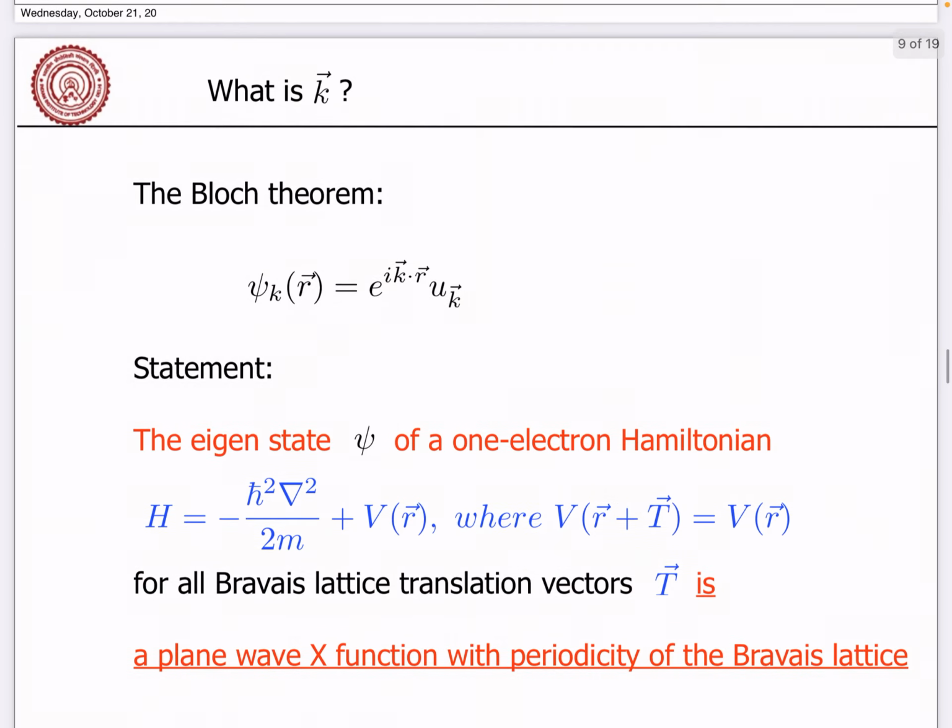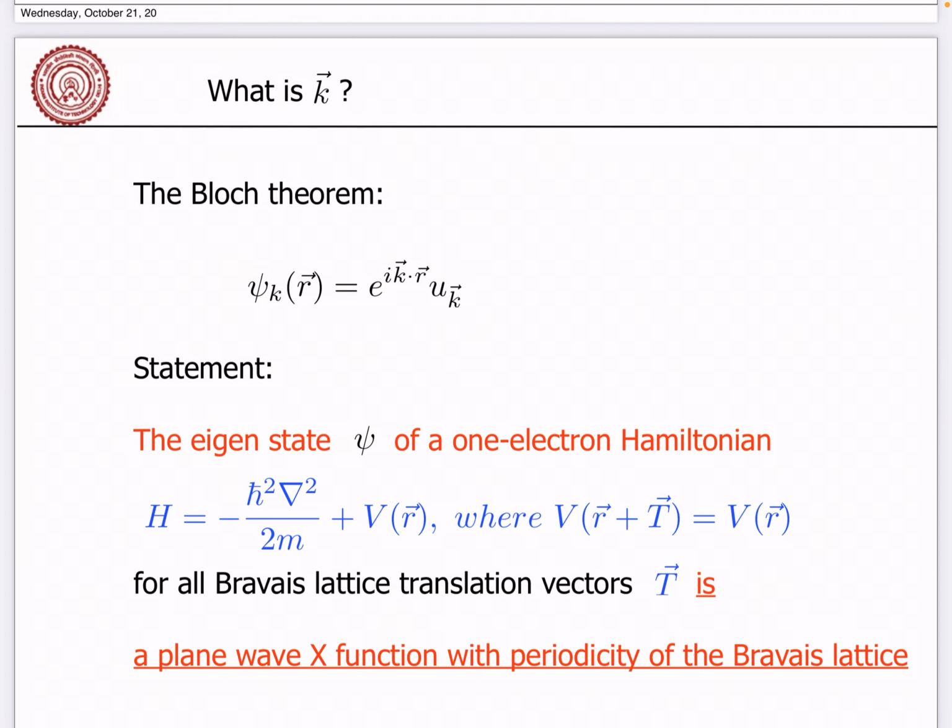As you understand, the holes are created by removing an electron from a filled band, right? So therefore, these hole states you will find at the top of the band, which means that the charge states at the top of the bands will have an effective mass which will be negative, right? Okay, so I hope that you now understand the concept of holes, the concept of negative effective mass, and that holes have positive charge.